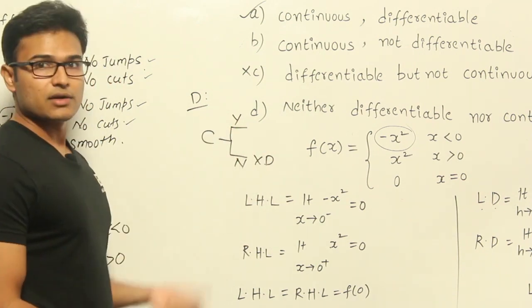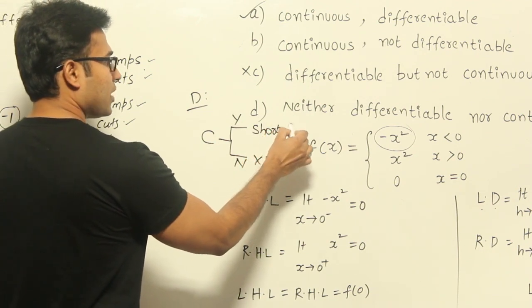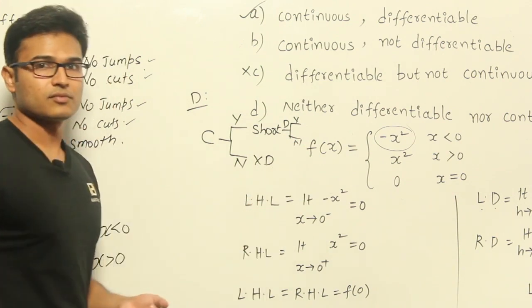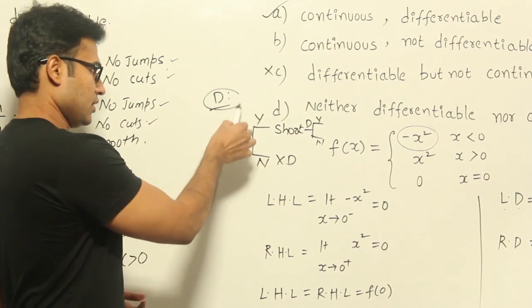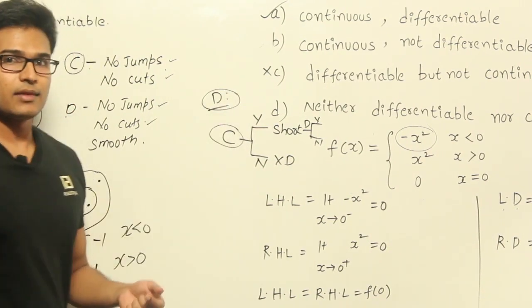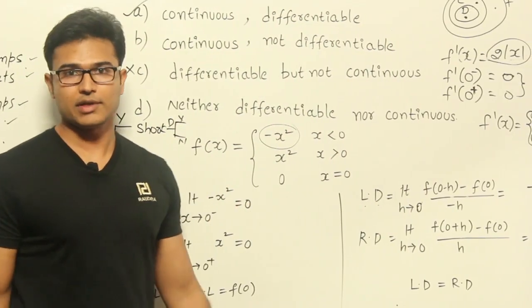In case it is continuous, then you can apply the shortcut and find out whether it is differentiable or not. Got it? Otherwise, if you directly want to find out about differentiability or derivability without talking about continuity, then you can directly use this method without worrying about whether it is continuous or not. That is up to you.